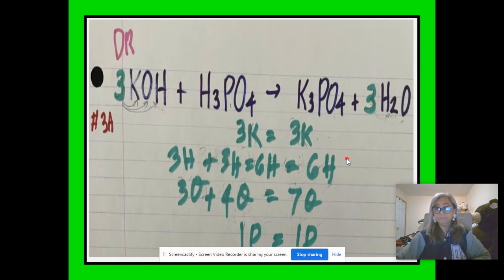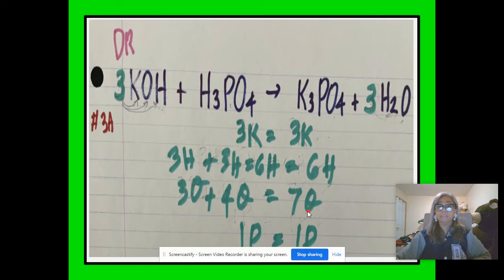And then oxygen. So I have here 3O, so that's 3 oxygen, and this one, 4 oxygen. So 3 plus 4 would be a 7. So on the right, it should also be 7. So 4 plus 3, because the 3 is for O. So 4 plus 3 equals 7.